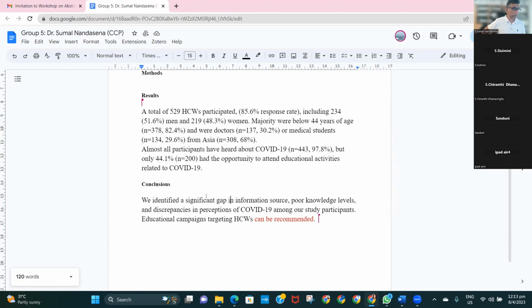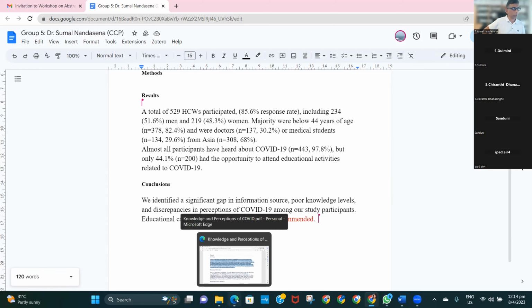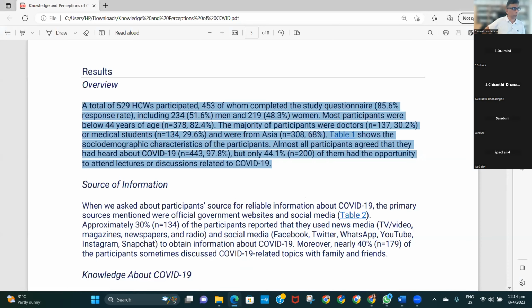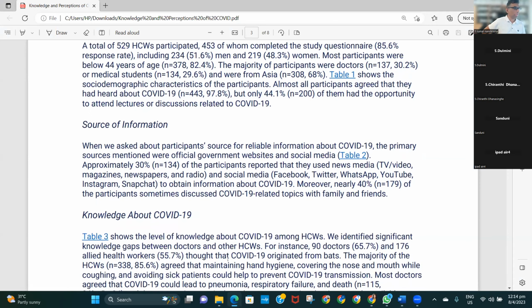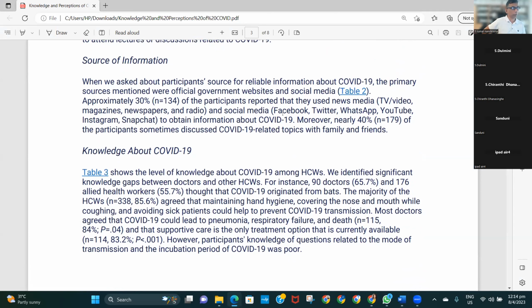Is anything else mentioned there, for the poor knowledge and discrepancies in perception of COVID-19? Shall we see any other important results relevant to this? The source of information mentioned here. So take it out now.